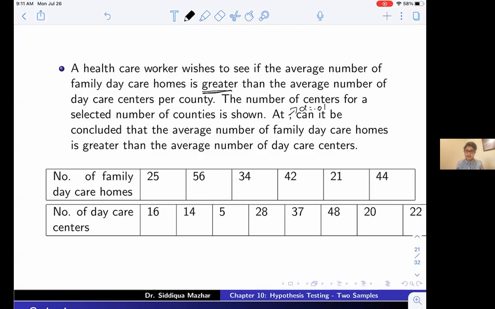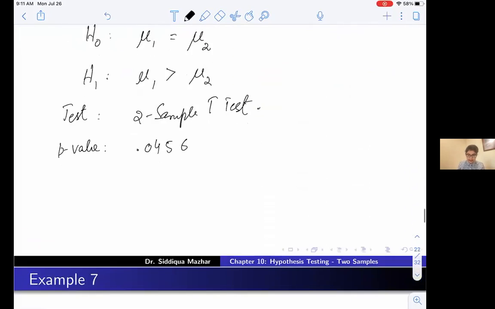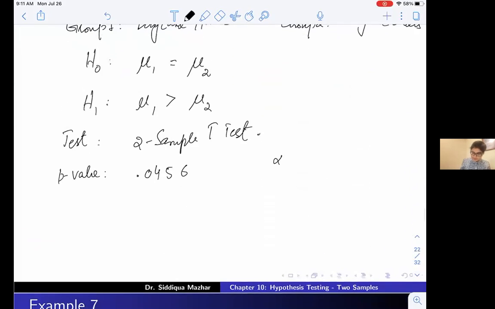Can it be concluded that the average number of family daycare homes is greater than the average number of daycare centers? So alpha is 0.01. As per this value, my p-value is greater than alpha. So what is my conclusion?